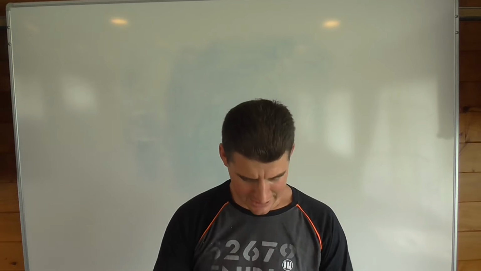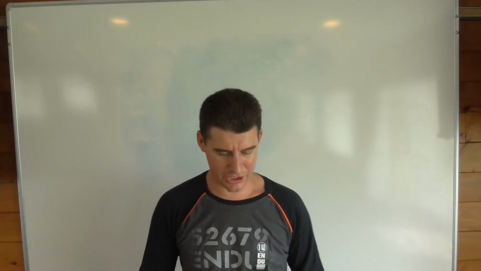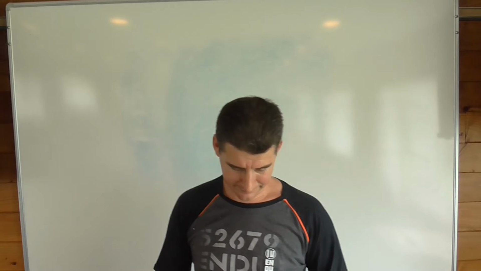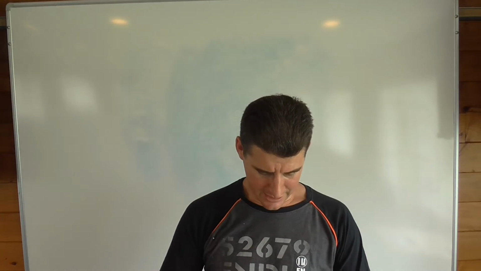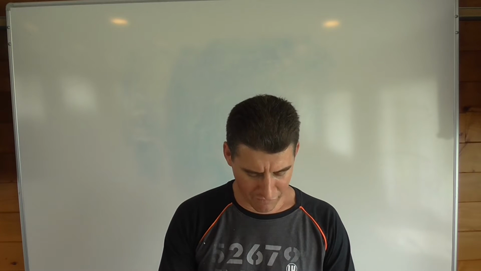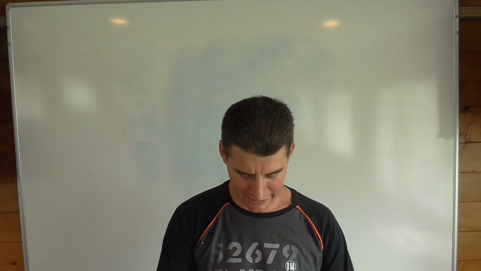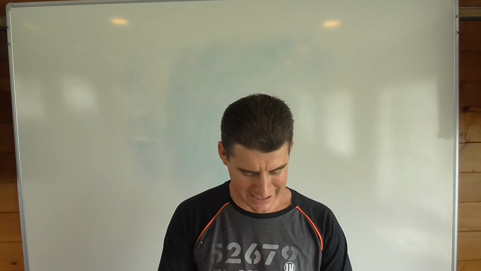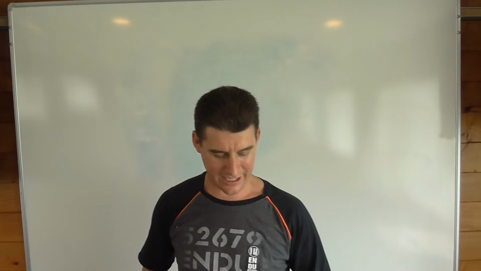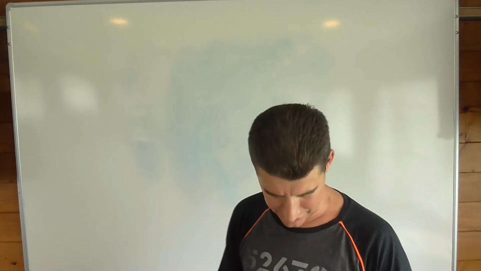Okay, expressing one number as a percentage of another. It says here, suppose 4 athletes are competing in a race and one of them has a disability. What percentage of these athletes are disadvantaged?